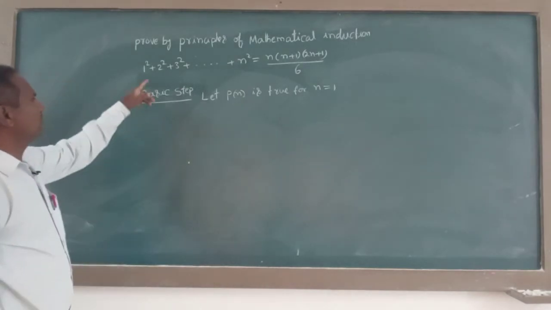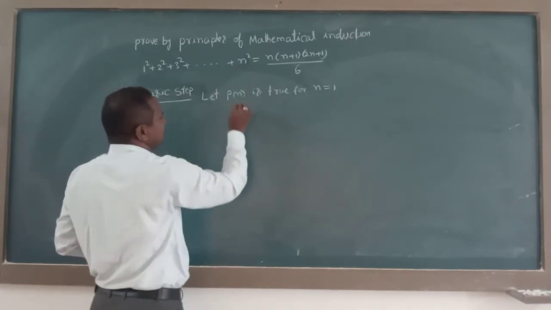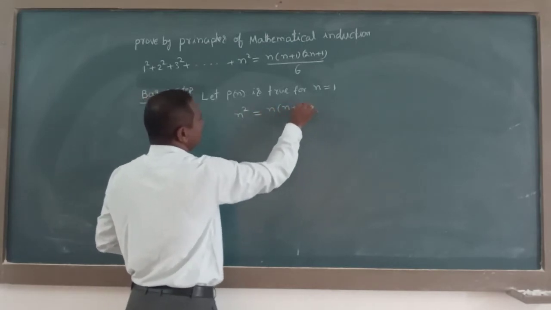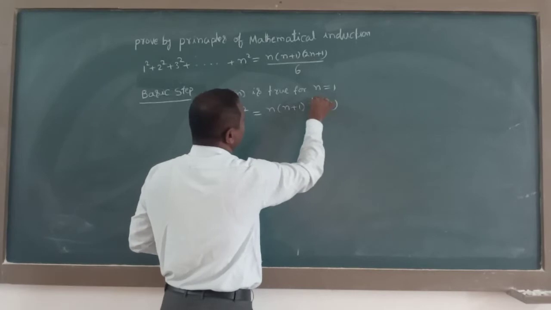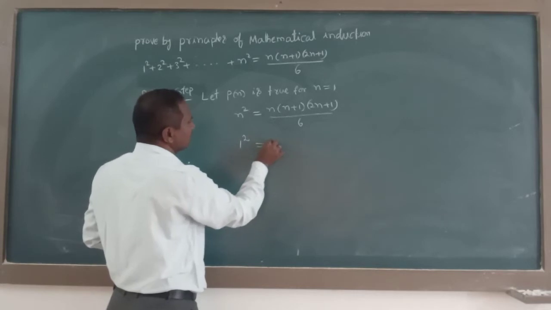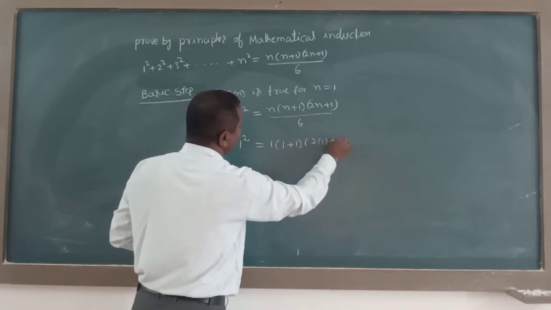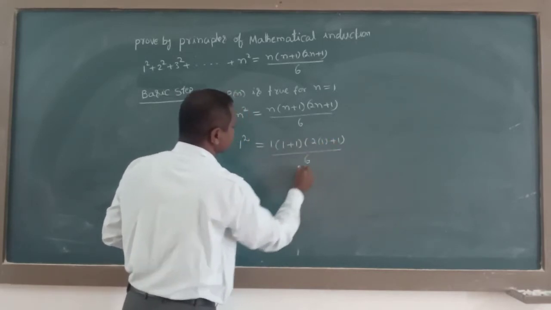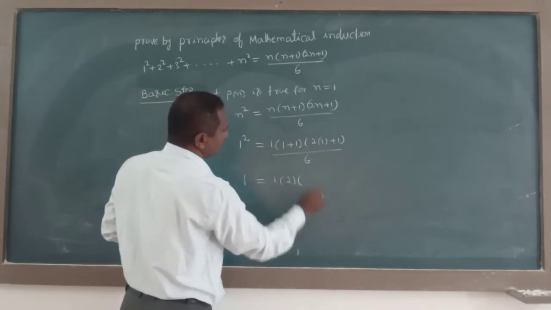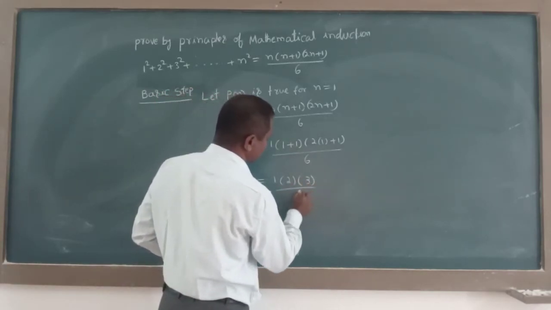The last term is the n term. First term, second term, third term, up to the last one, the n term. Here n square is equal to n of n plus 1 into 2n plus 1 whole divided by 6. That is 1 square is equal to 1 into 1 plus 1 into 2 into 1 plus 1 whole divided by 6. 1 square means 1 is equal to 1 of 2 into 2 into 1, 2 plus 1, 3 whole divided by 6.